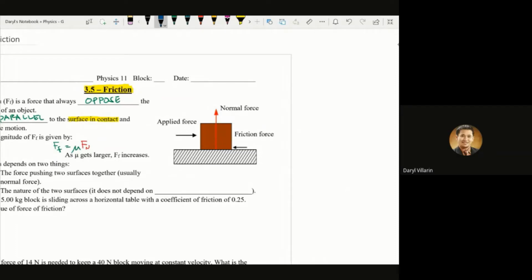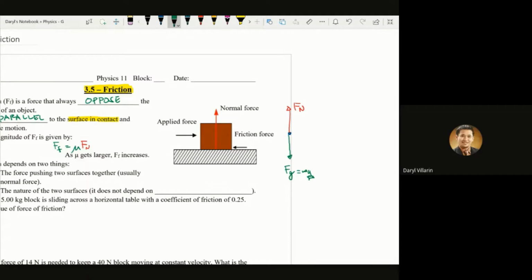If you're going to draw the free body diagram of this object, the normal force is upward. So this is your Fn. And then we know that this is acted upon by gravity, so Fg.